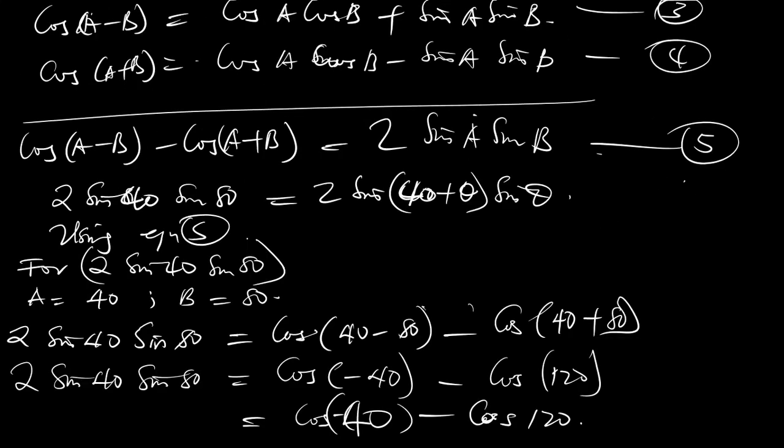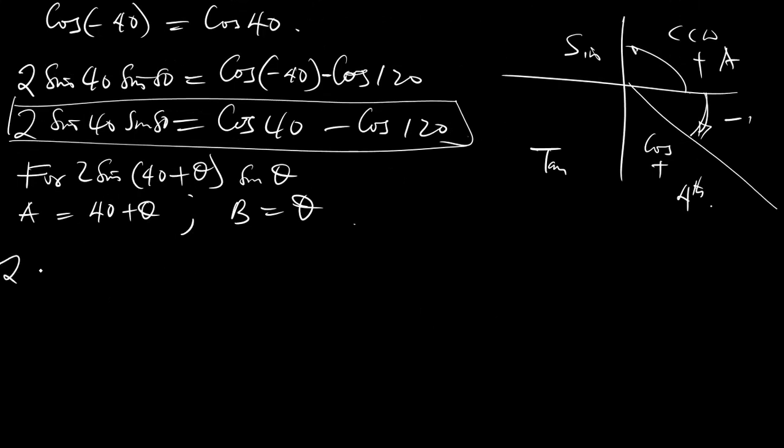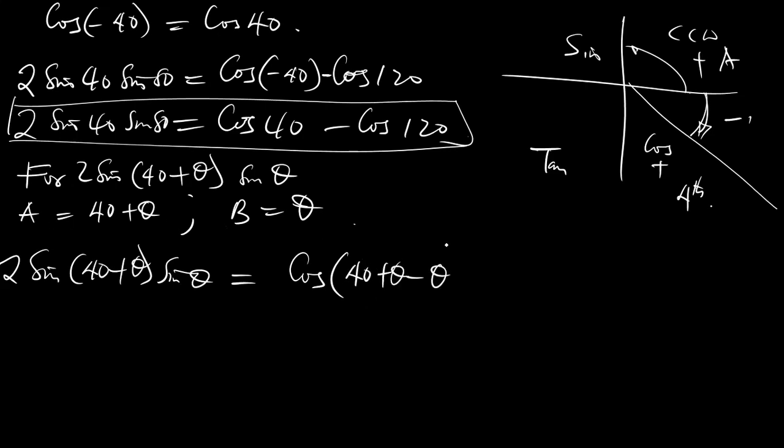You now have 2 sine (40 plus theta) sine theta equal to cos(40 plus theta minus theta) minus cos(40 plus theta plus theta).